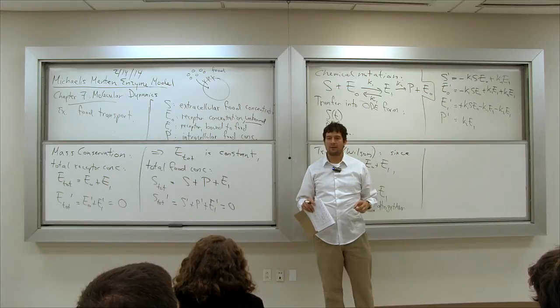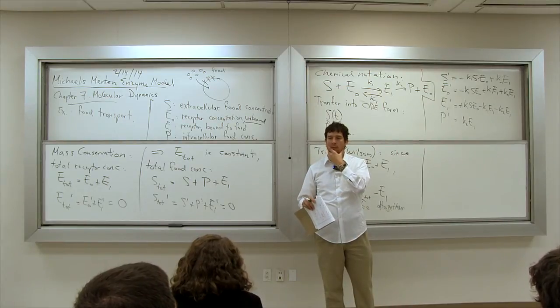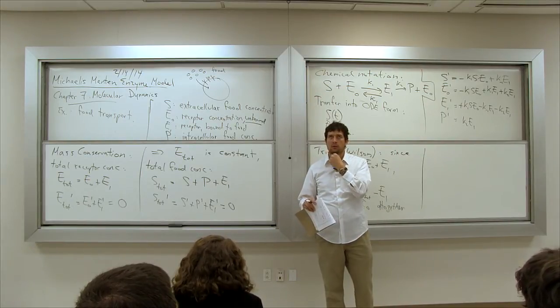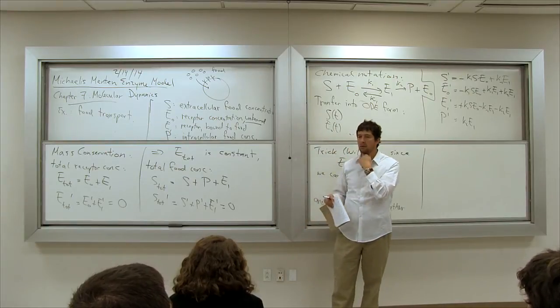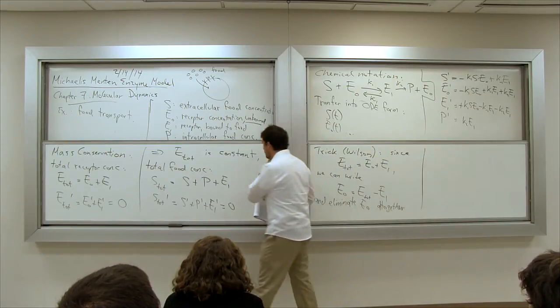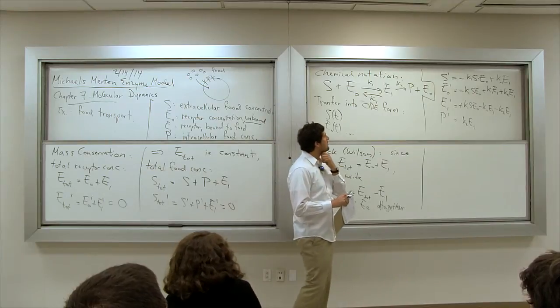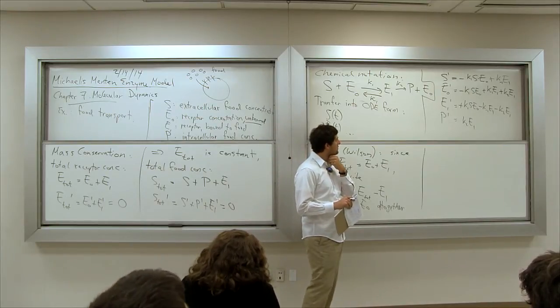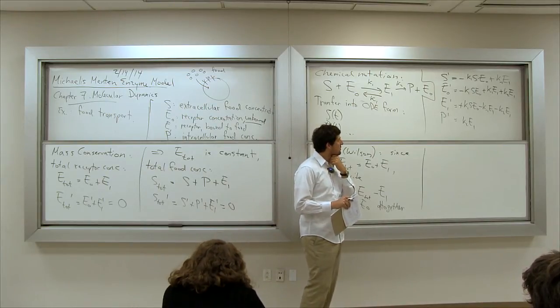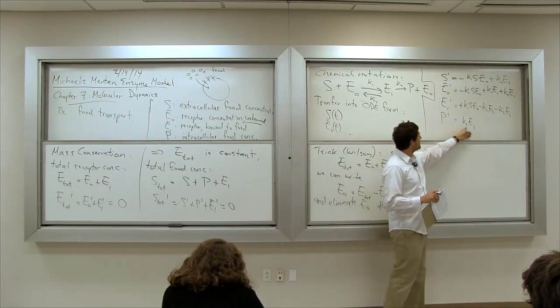How? P prime divided by K2, just by the loss equation. Yes. Wait, you mean you can get rid of this one?